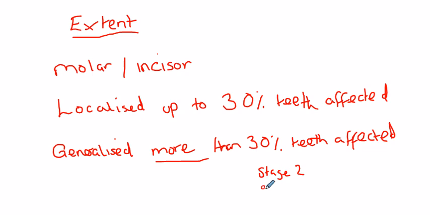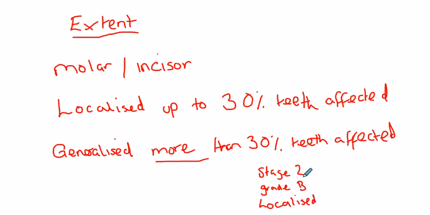They were a grade B, which means the progression was moderate for their grading, because their percentage bone loss, which was 25% for the worst affected tooth, divided by 46, their age, gave them 0.6, which put them into that grade B category of moderate progression. And as I've said, less than 30% of teeth overall were affected. It was just a localized area. So the extent is localized.